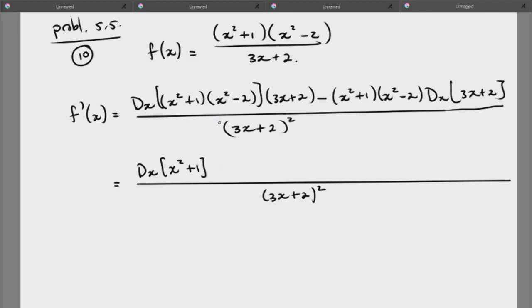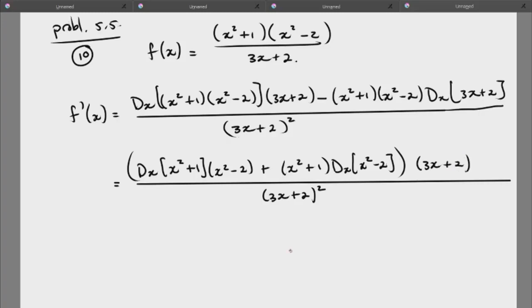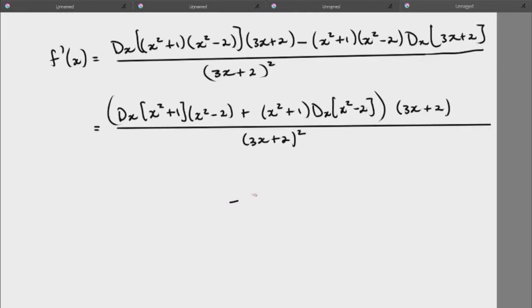Derivative of the first times the second plus the first times the derivative of the second. All of that times 3x plus 2. I'm clearly out of space. I'm going to have to do it over here. The second term, x squared plus 1, x squared minus 2 stays. And I might as well do the derivative there, 3.